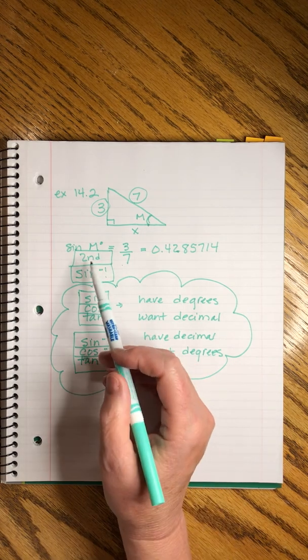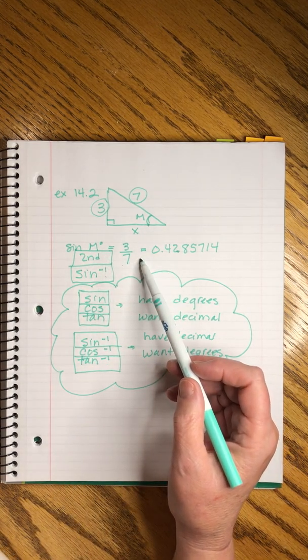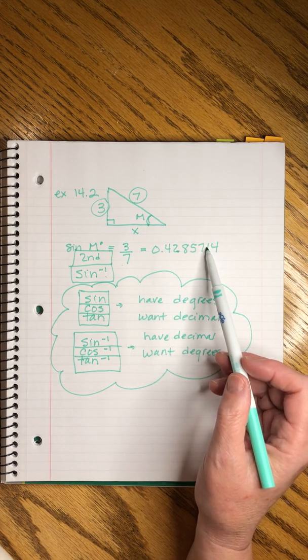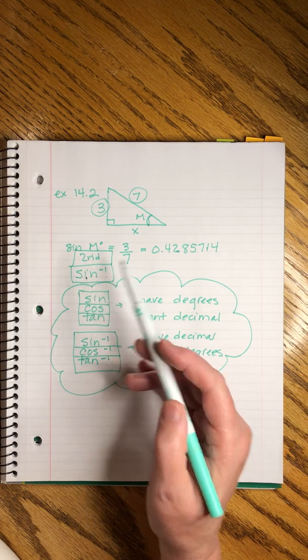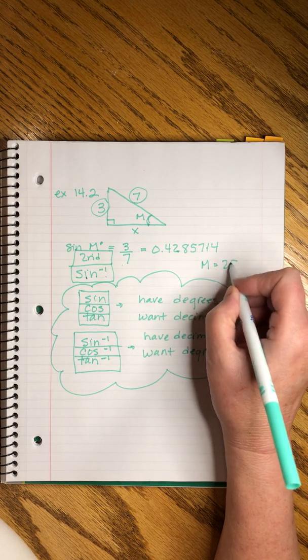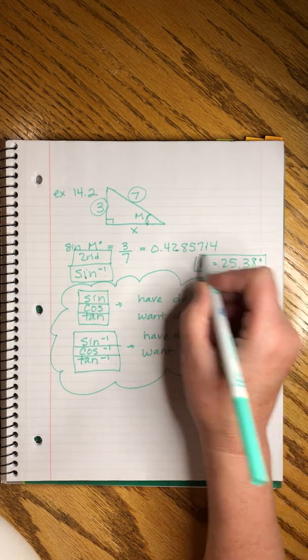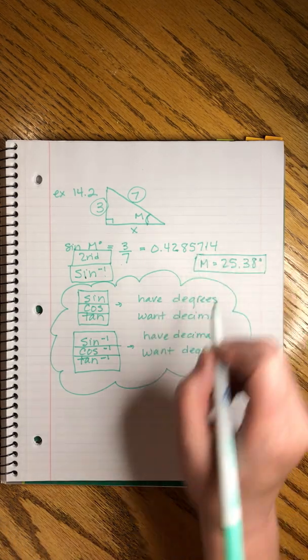Okay, so when we enter this number and then the second and then the inverse sine button, what you'll get is that M equals 25.38 degrees. The degree sign will not come up in the calculator, but you'll get the number, okay?